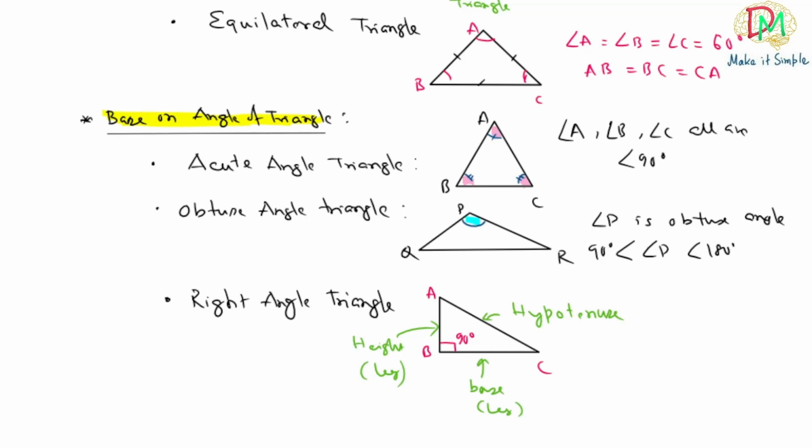And if the sides are b, a and c, from the Pythagoras theorem, we know that b square is equal to c square plus a square. So this relation we should remember. Hypotenuse square is equal to base square plus height square.